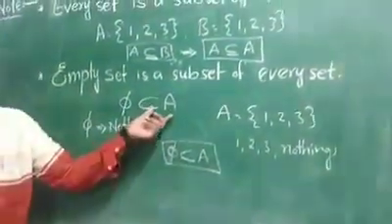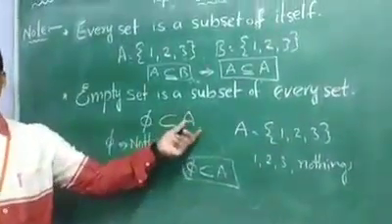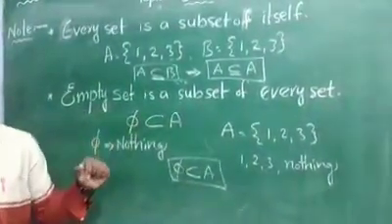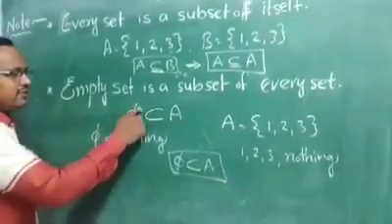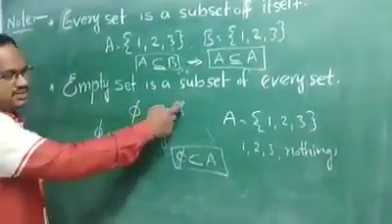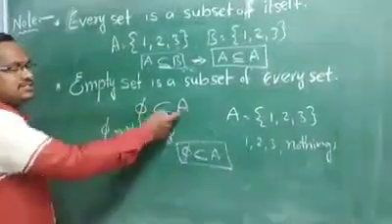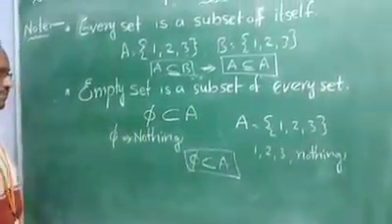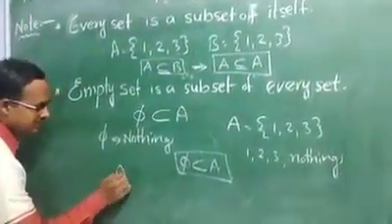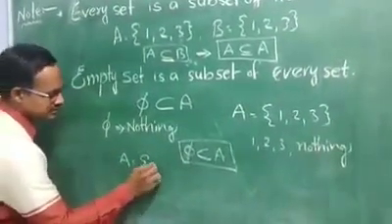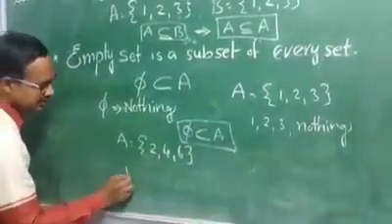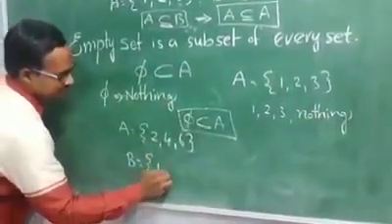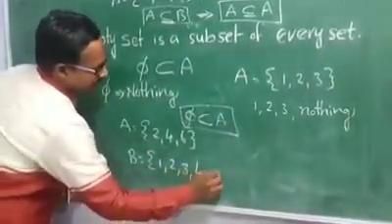I would like to explain another concept of subset. What is that? Here we know that if every element of the first set is in the second set, then the first set is a subset of the second one. Suppose here I take A is equal to {2, 4, 6} and B is equal to {1, 2, 3, 4, 5, 6}.